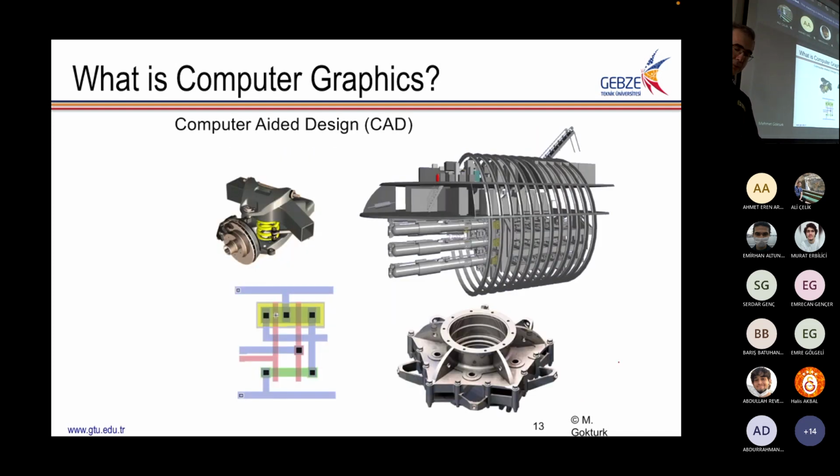And in production, in design of mechanical, physical, electronical systems, computer graphics is quite significant because as you are designing it, you need to see it. Therefore, modeling phases, visualizing phases, computer-aided design applications require extensive amount of computer graphics programming.